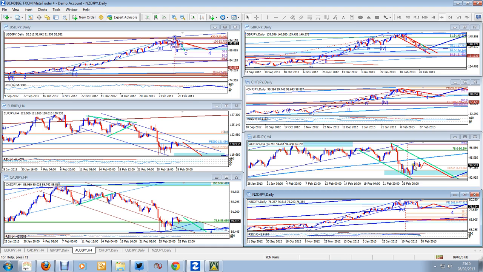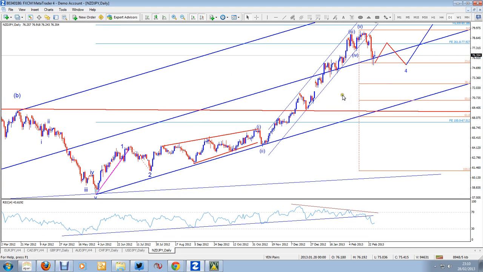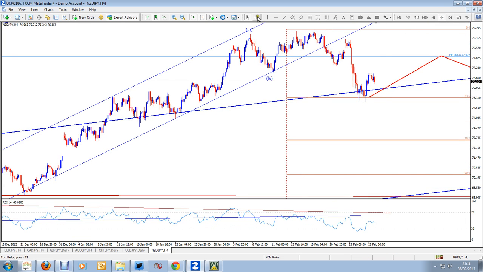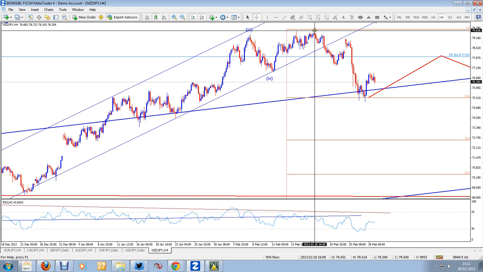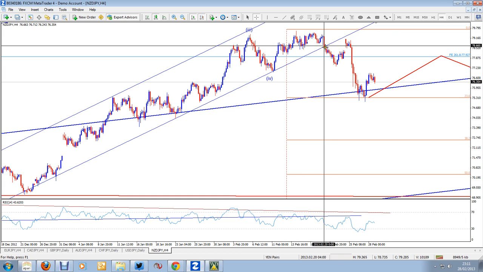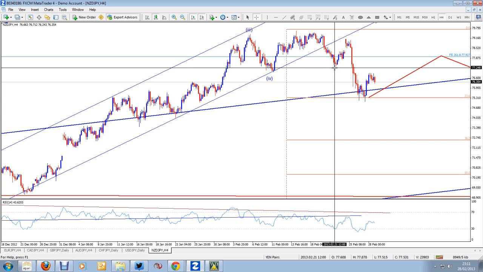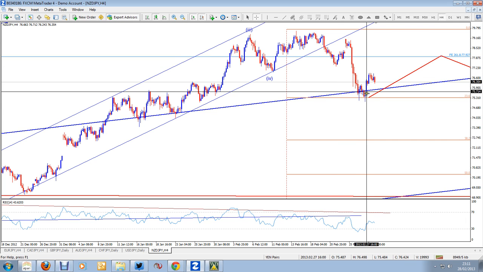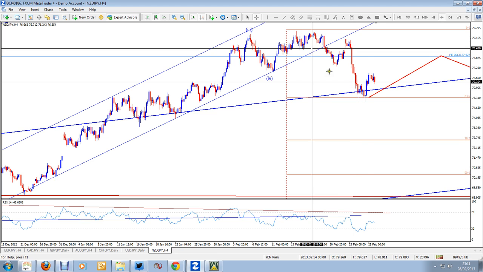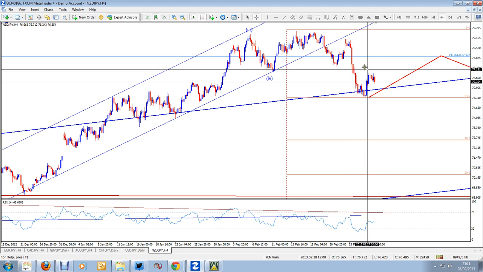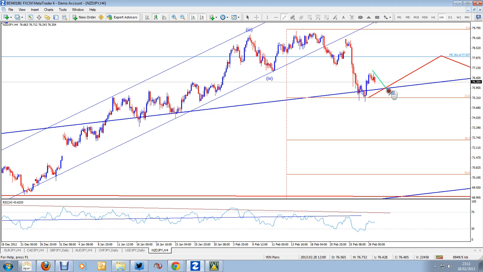New Zealand yen is again the same story. New Zealand yen has come down, we're currently bouncing back up, but if you drop down to 4 hour, you can see after having made the high over here, we've declined into what looks like wave A, wave B, and then this one currently is wave C. So we've got this final leg to come down here.